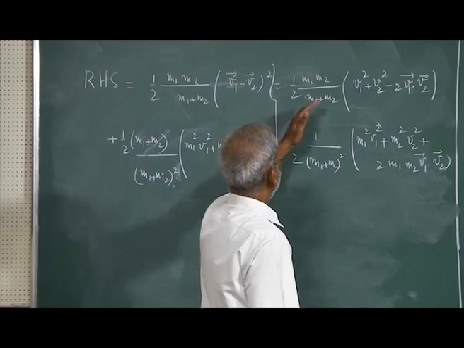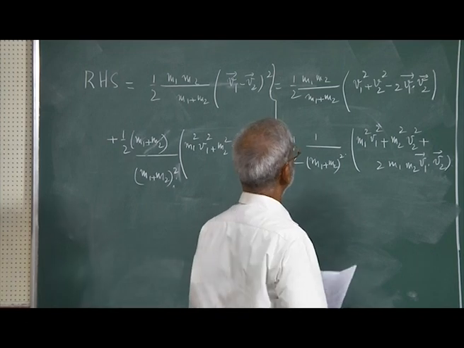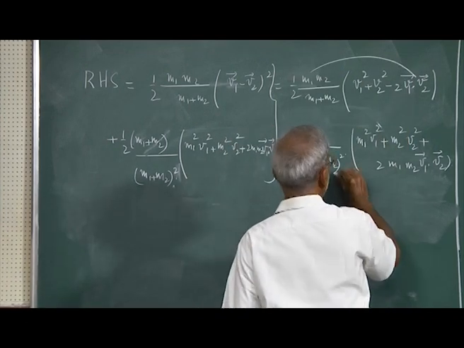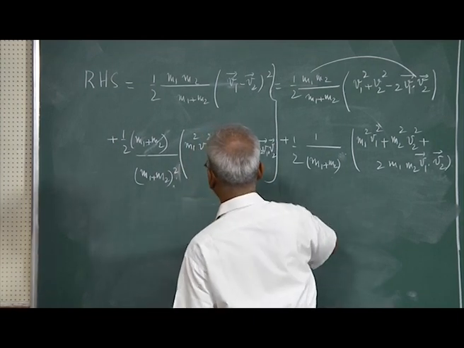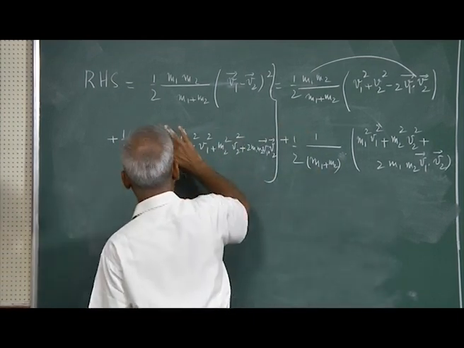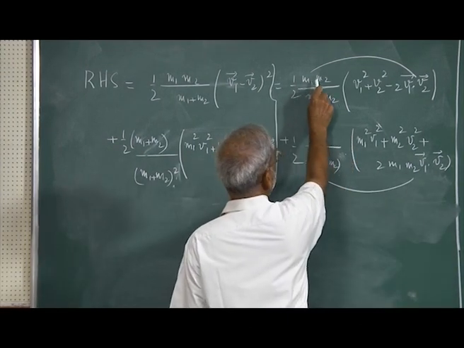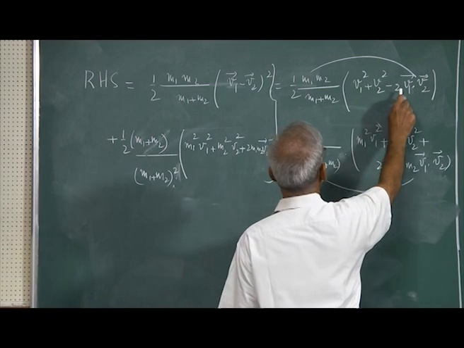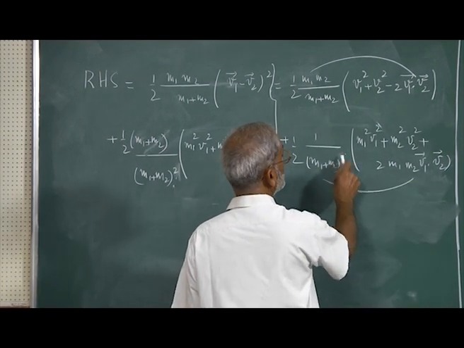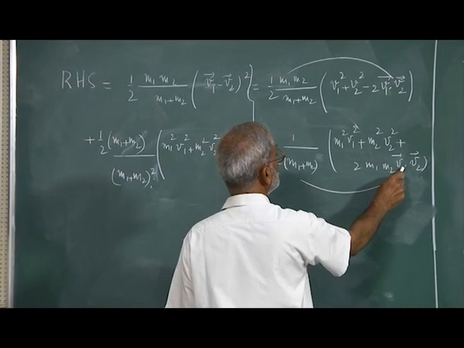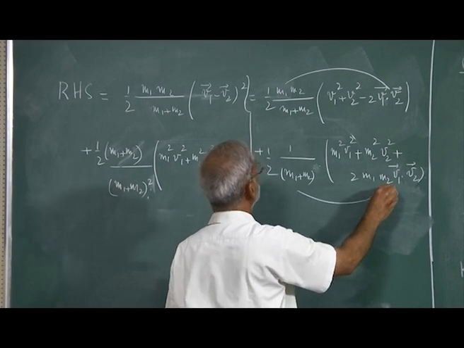Now, I can add these things, taking them term by term. I will have half m1 m2 by m1 plus m2 times v1 dot v2. Here I have again the same m1 m2 times v1 dot v2 by m1 plus m2. Therefore, this term and this term will cancel.